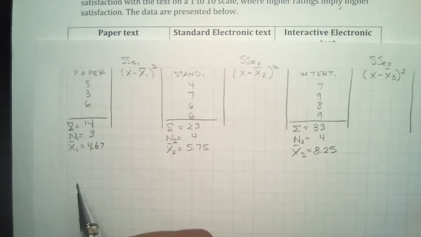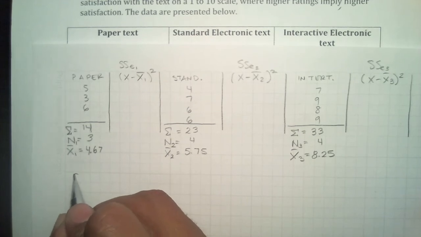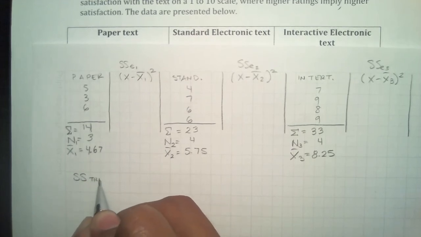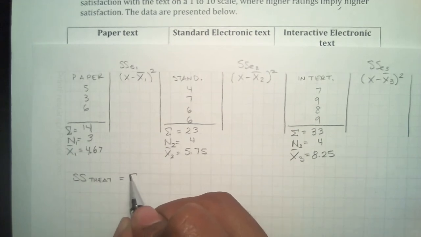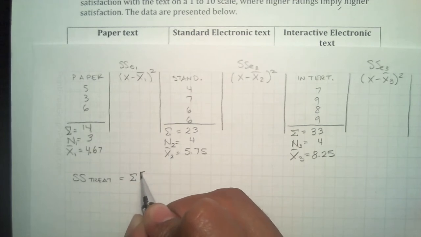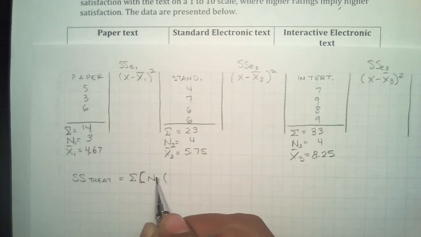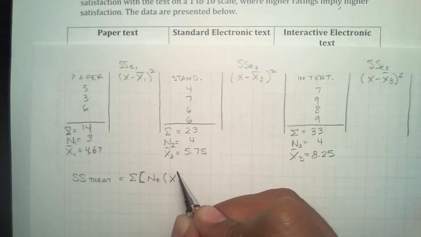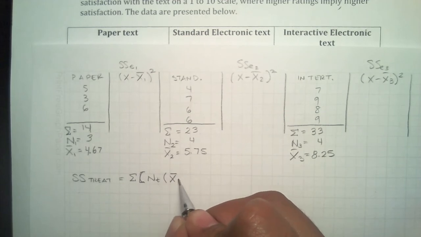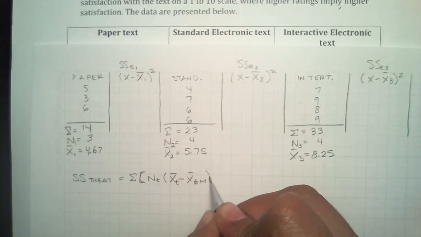Now that I'm done with this, I can go ahead and get started on my SS terms. I always start with SS treatment. The formula for SS treatment is the sum of n sub t times the group mean minus the grand mean, squared.